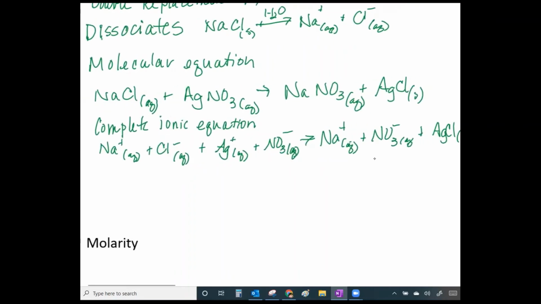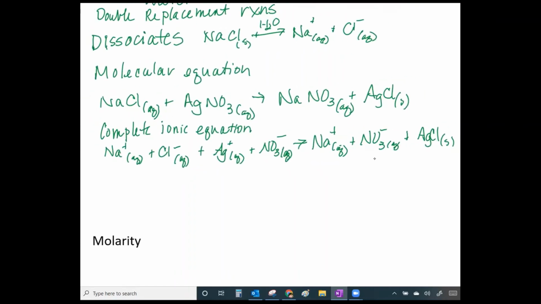Okay, that's a complete ionic equation, and then a net ionic equation is only the stuff that was involved, and the only thing that was involved was silver and chloride to make silver chloride.